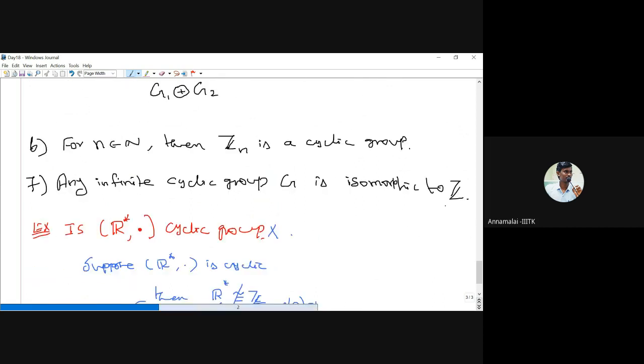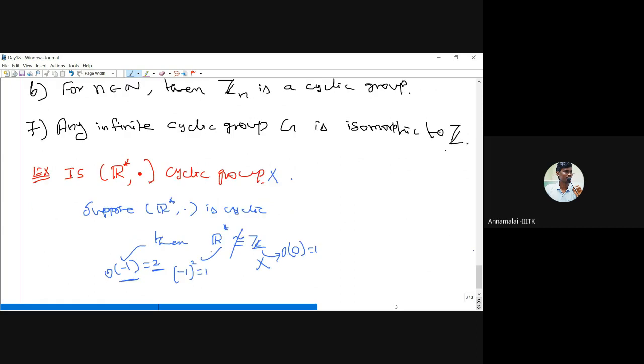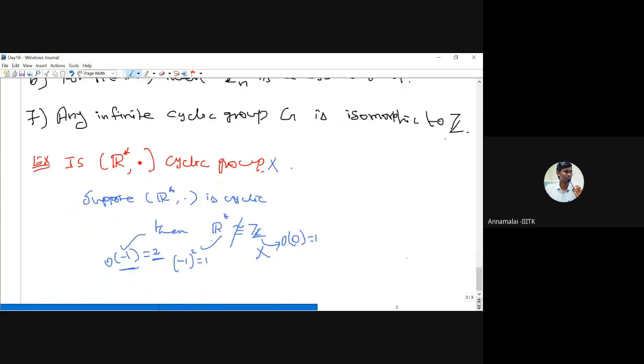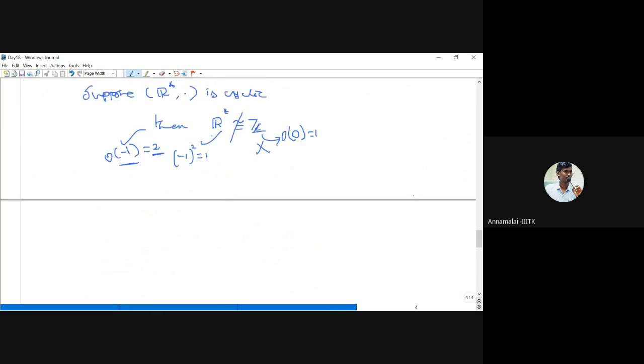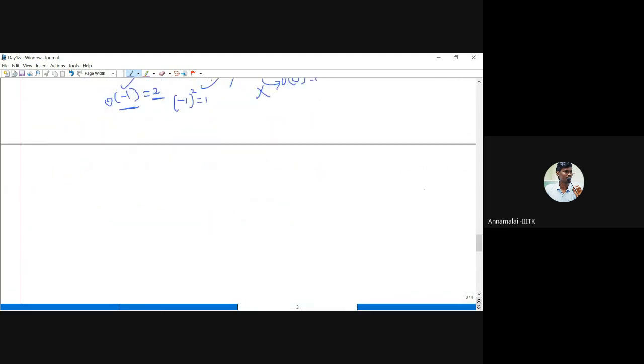If you take Zn and Zm, two cyclic groups, then when is the Cartesian product cyclic? So we know that Zn is always cyclic, for any n. So I'm asking whether Zn, one cyclic group, cross Zm, another cyclic group, is cyclic.